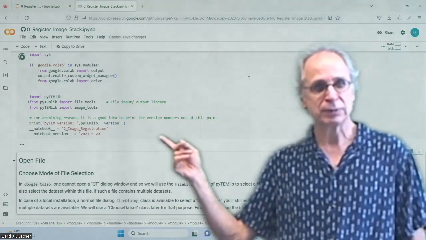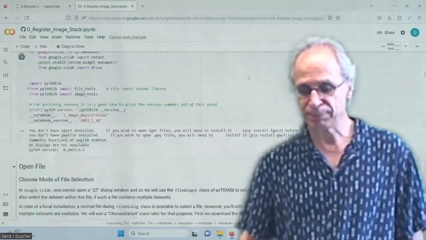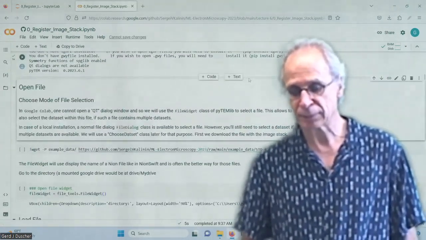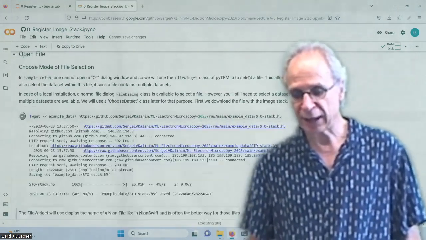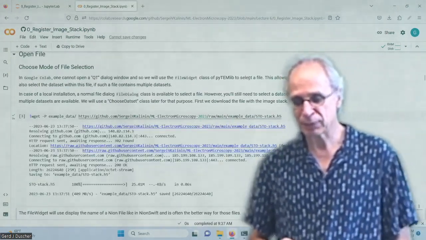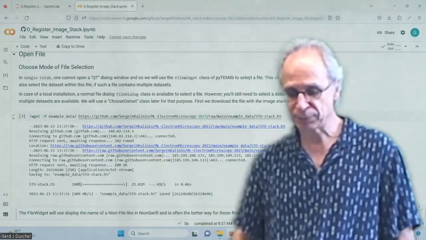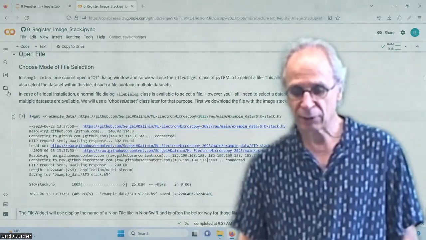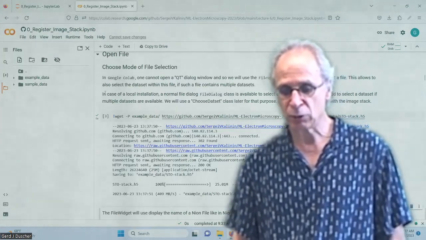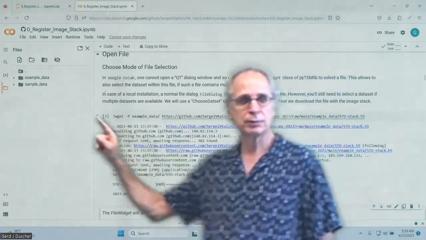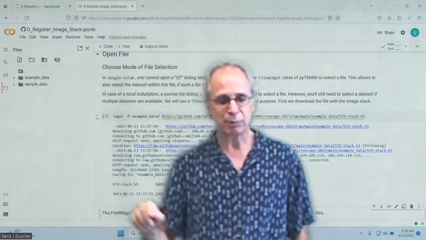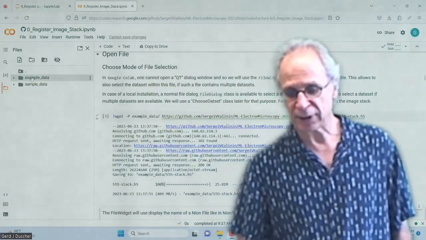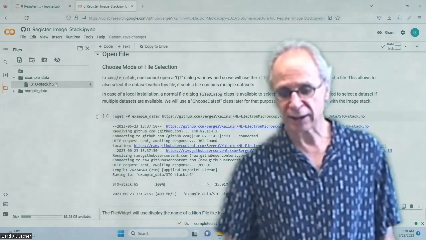Now I load them. Oh, that was quick. Okay, and I download the image stack dataset. And over here in Google Colab, I went to that. So I have now example data, and there should be now my stack images here.